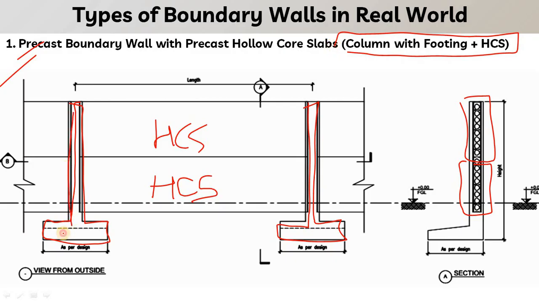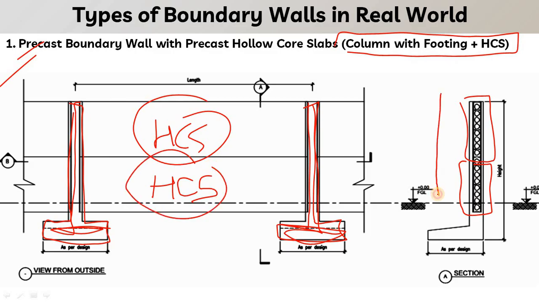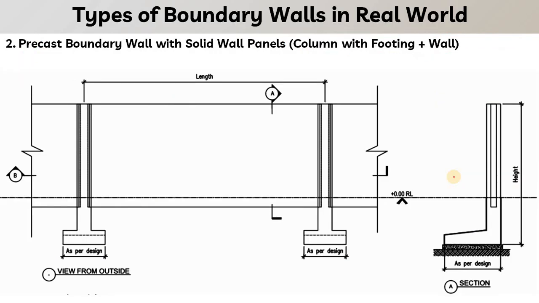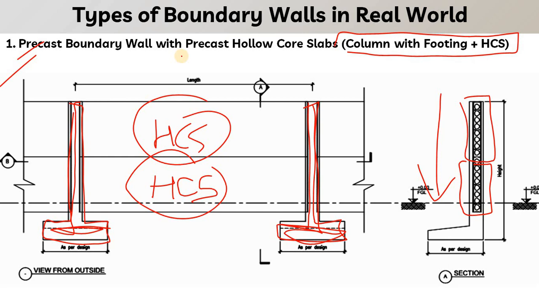So this is column with footing, and hollow core slabs that are slided down between the grooves of the column. Moving on to the type 2, we have precast boundary wall with solid panel. The concept remains the same. It is same as precast hollow core slab.